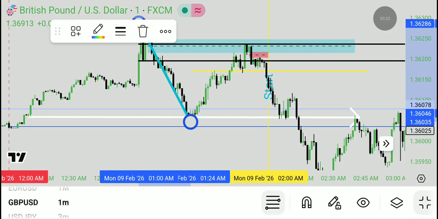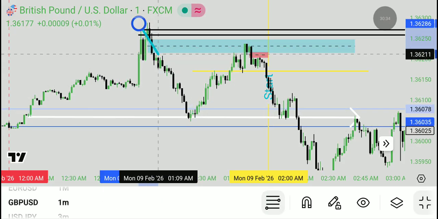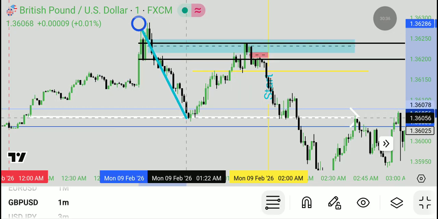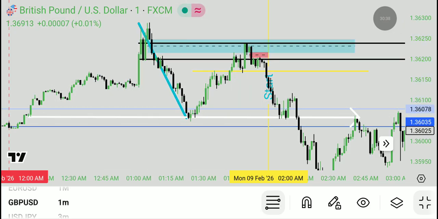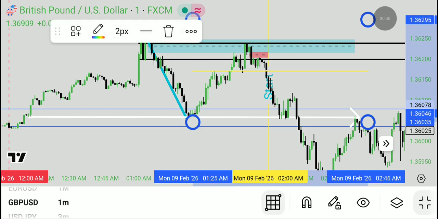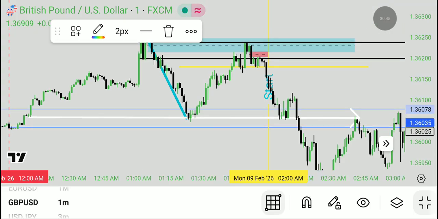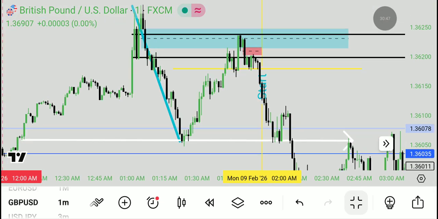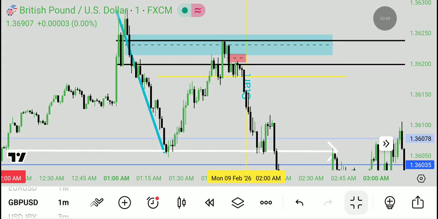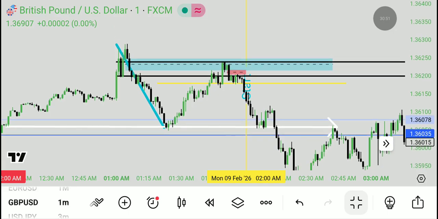Always know this particular blue line, which is your measurement of 50% of this. When the market respects it and gives you a perfect movement, you can see them below.